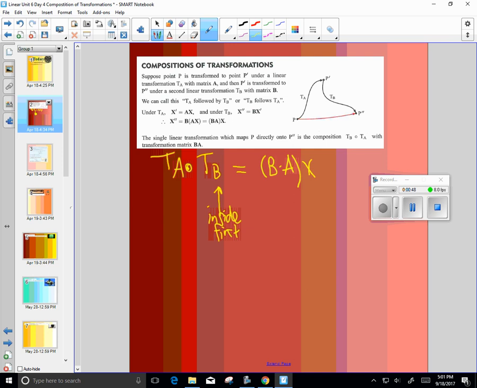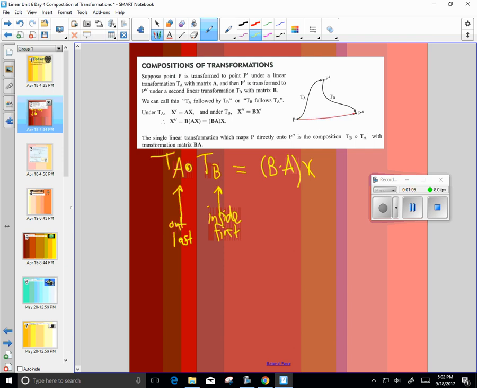So then you do B times outside last. That's why it's B times A. And remember, BA is not equal to AB except under certain circumstances.